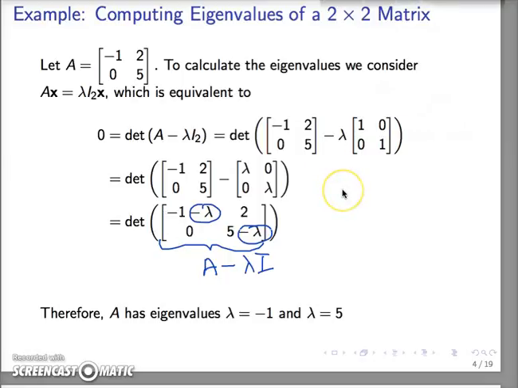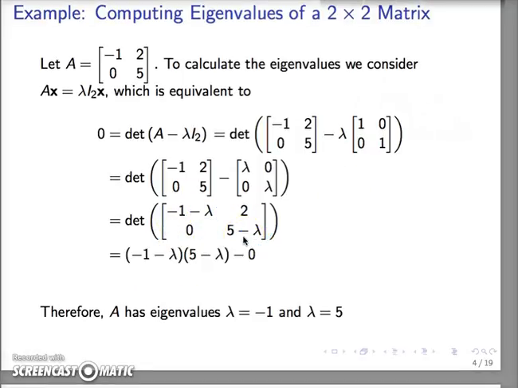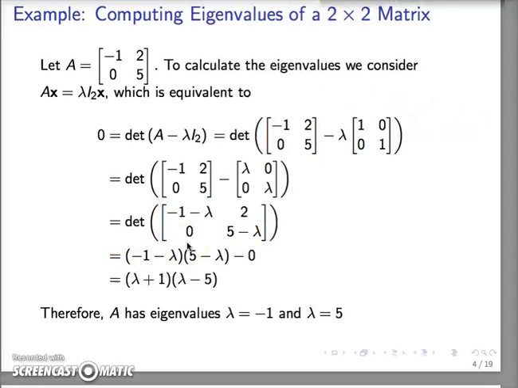The determinant of this matrix involves multiplying the diagonal entries and subtracting. So here we multiply -1 minus lambda times 5 minus lambda, and subtract 0 times 2, that is 0. So we come up with this expression: -1 minus lambda times 5 minus lambda.